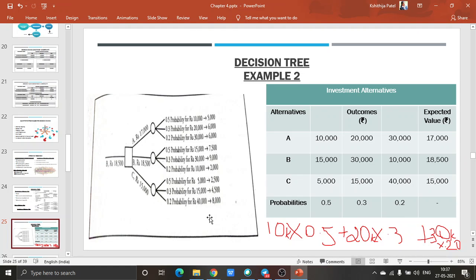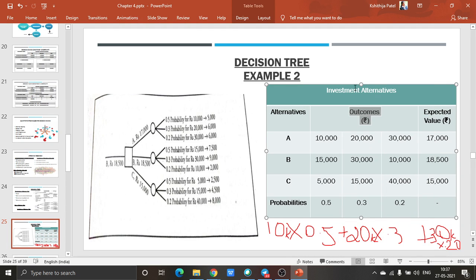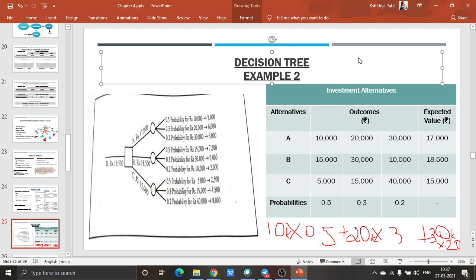And for alternative C, it is 0.5 for 5,000, 0.3 for 15,000, and 0.2 for 40,000. See here, this outcome is for all the three outcomes in rupees. For A it is 10,000, 20,000 and 30,000 for the probability of 5, 3 and 2.